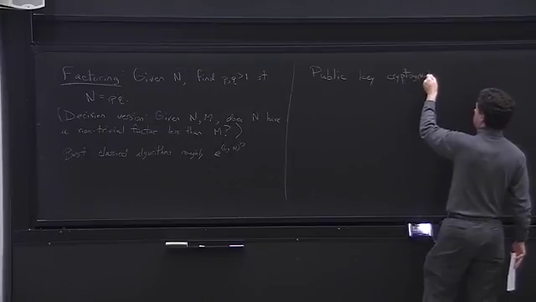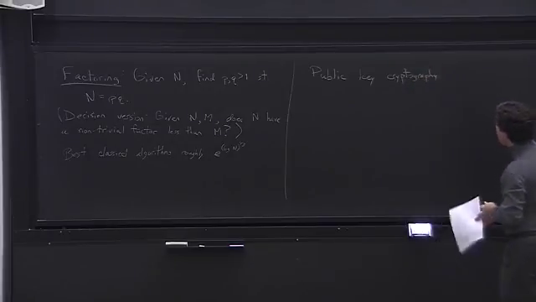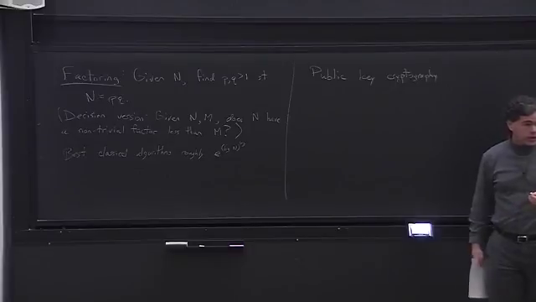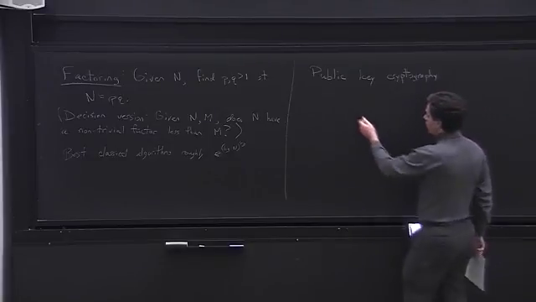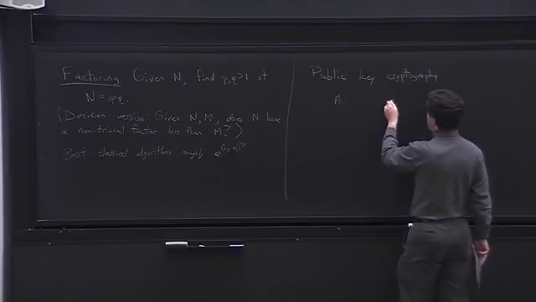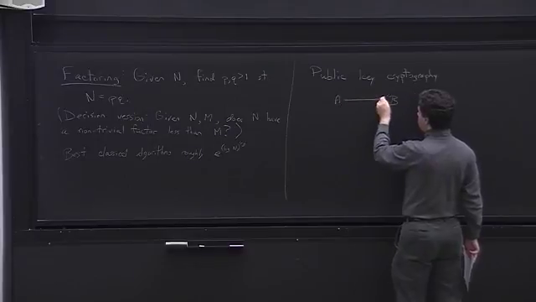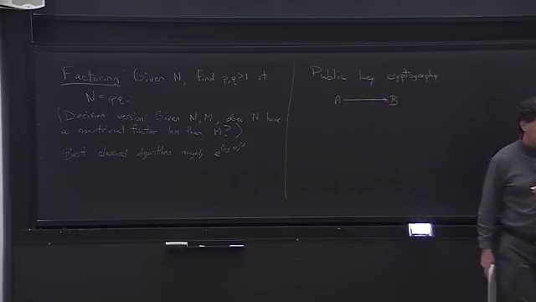Cryptography. I'm having trouble spelling today. In a cryptographic system, we'll talk a little bit more about this next week in the context of quantum cryptography, we have generally two people. Alice is trying to send a secret message to Bob.